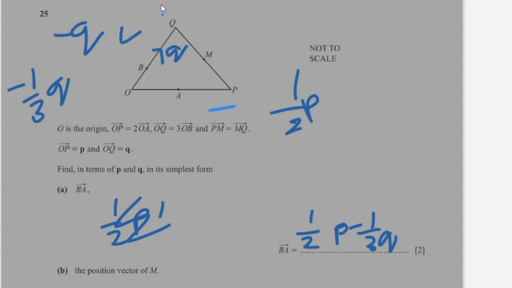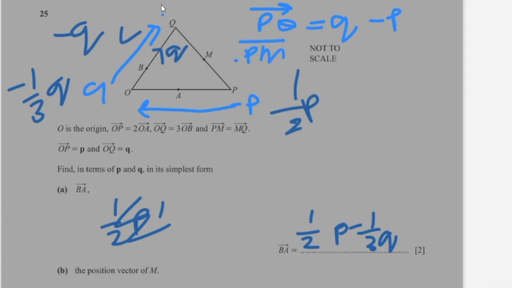PQ is going that way, which is opposite of OP, that would be negative p, and then going from O to Q, which is q. So PQ is equal to q minus p, and half of that, that is PM, would be equal to half of q minus half of p. So we have PM.